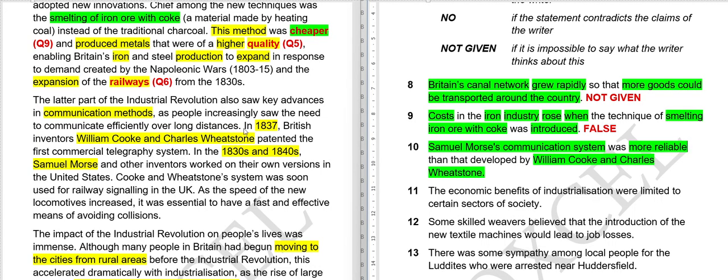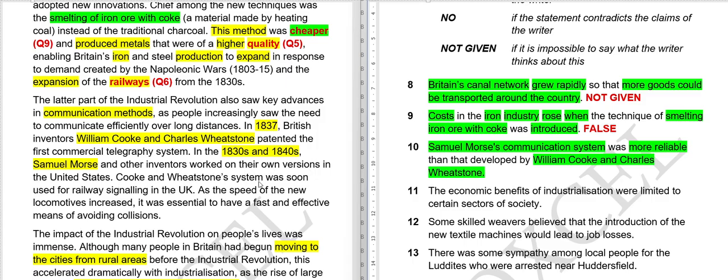So let's see. In 1837, British inventor William Cook and Charles Wheatstone patented the first commercial telegraphy system. In the 1830s and 40s, Samuel Morse and other inventors worked on their own versions in the United States.